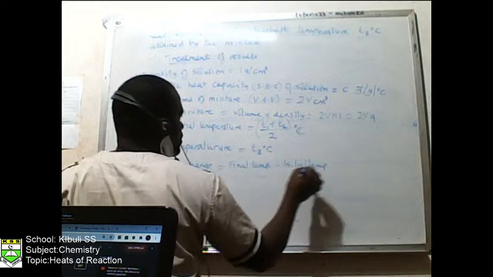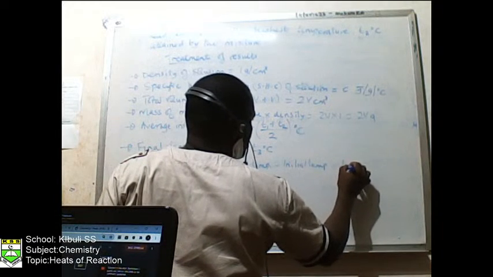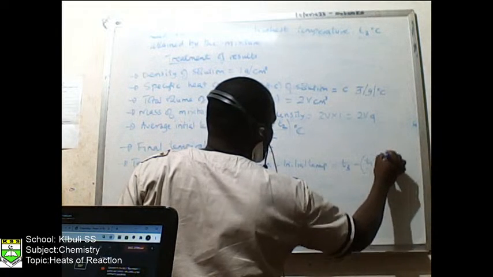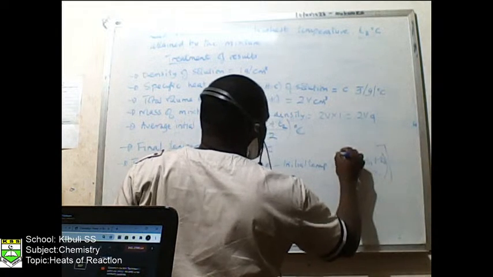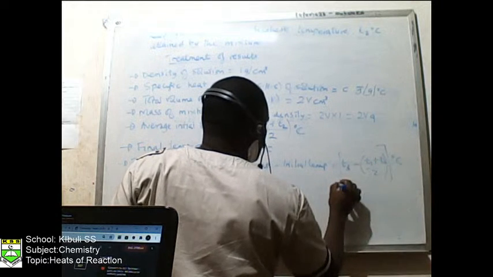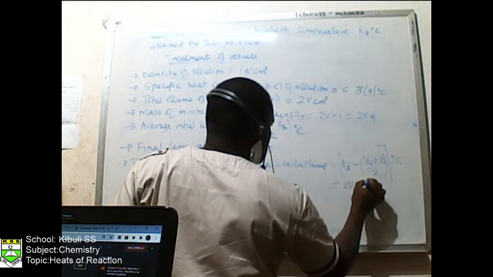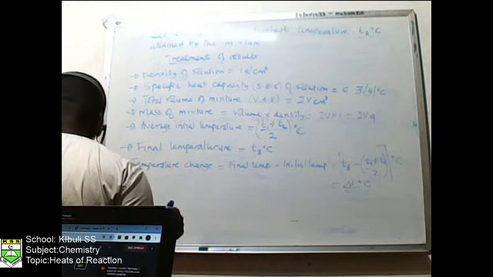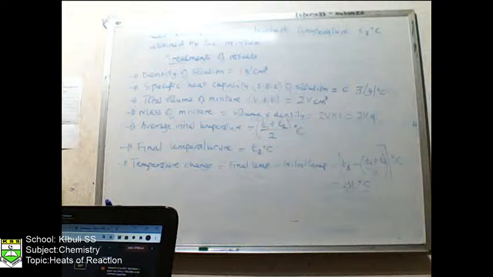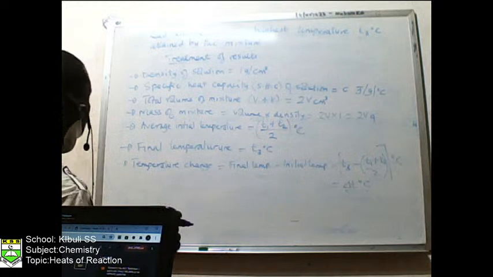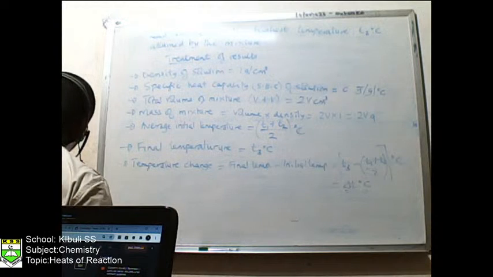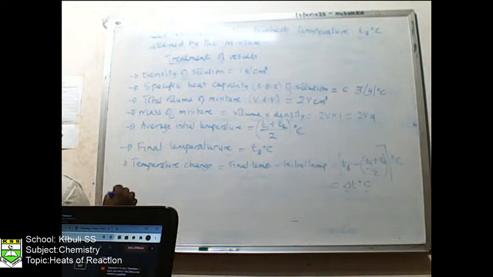And it is T3, the final temperature, minus the initial average temperature, in degrees Celsius. We shall call it delta T degrees Celsius. So that's the information that we need in order to carry out our calculation.